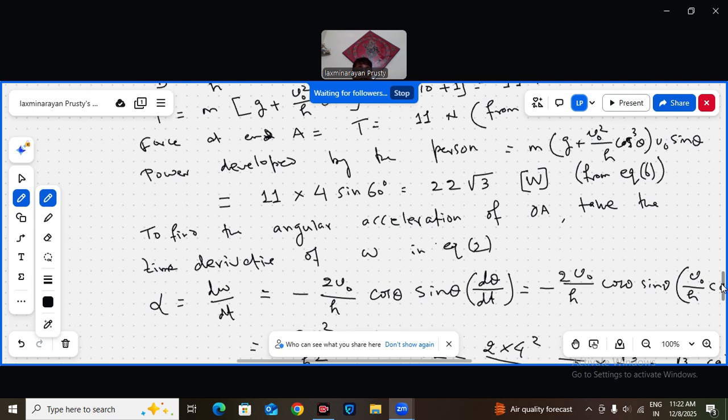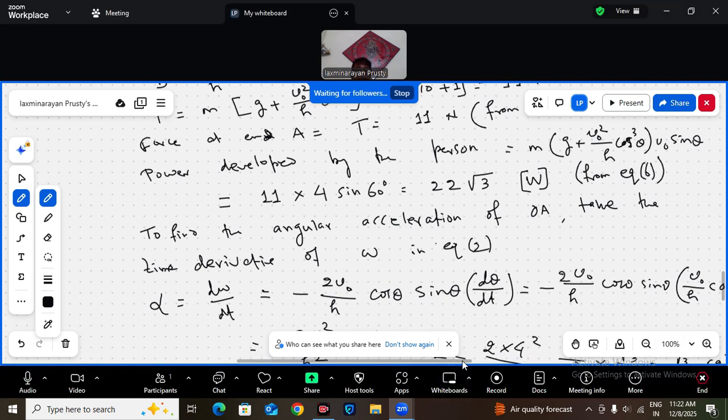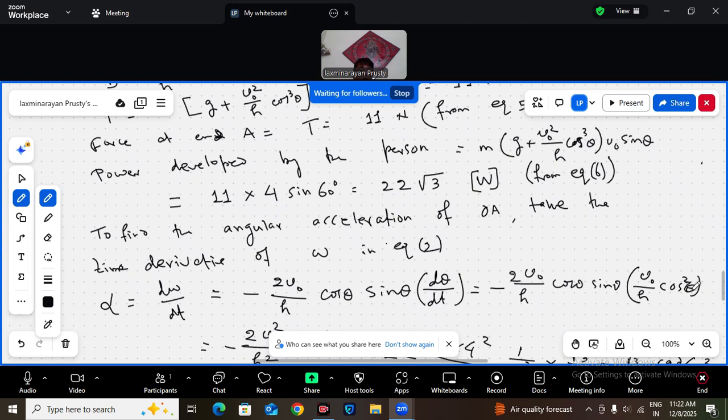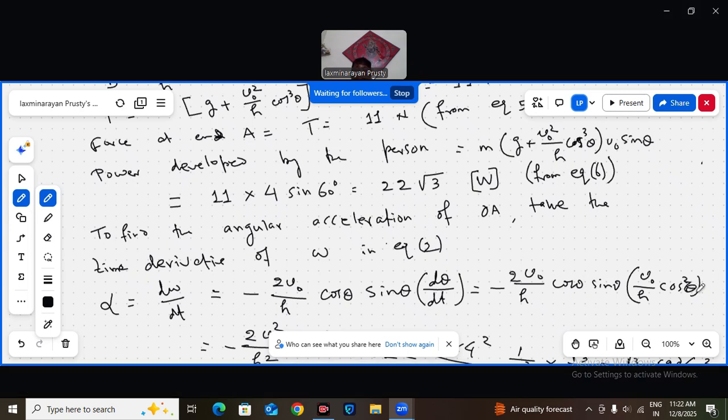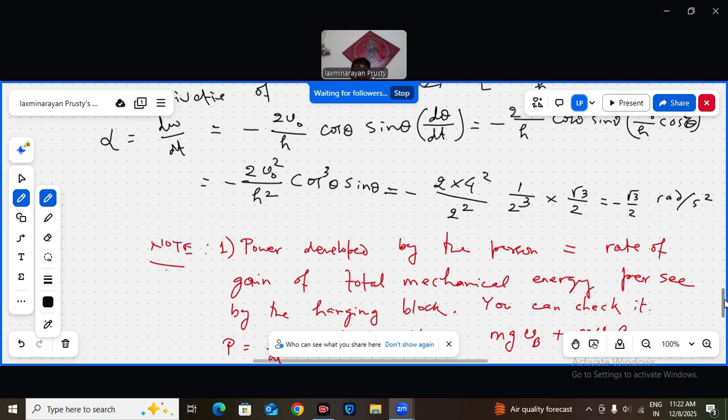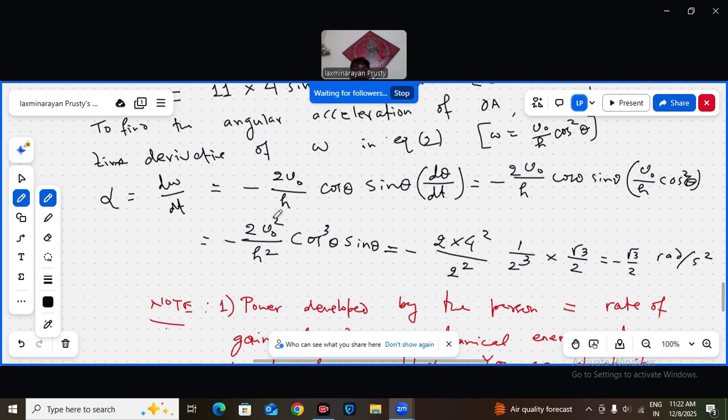Omega again is V naught by h cos square theta, from equation 2. So that gives us minus 2 V naught square by h square cos cube theta sin theta. So substituting the values, it is minus root 3 by 2 radian per second square.